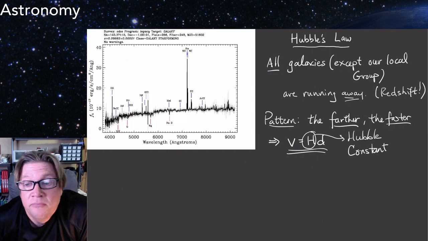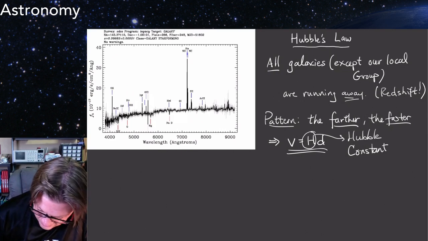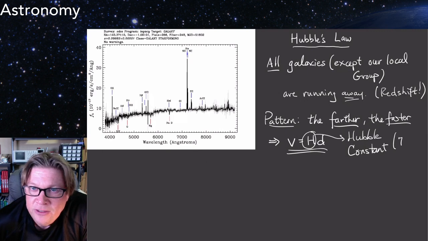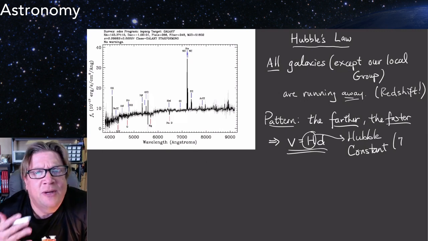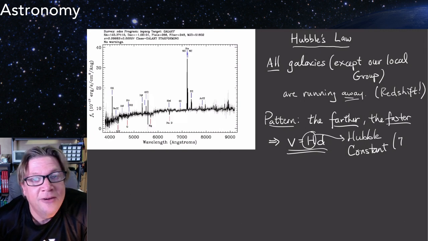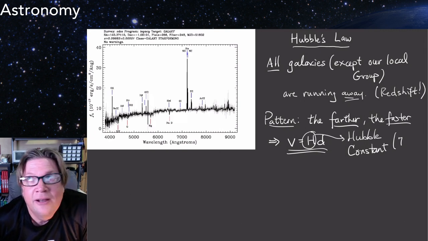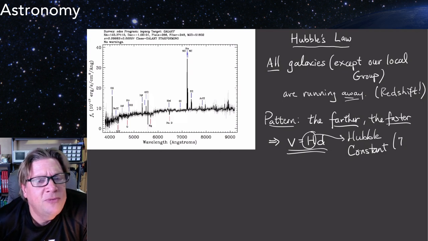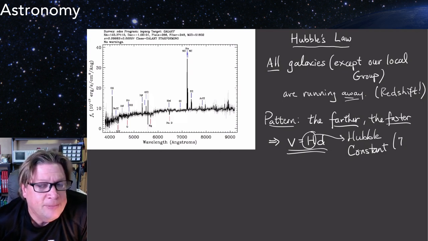It's just a number. This has taken a long time to get. A lot of times in science, we just write these things down like they were easy to discover. This was not easy to discover. The Hubble constant was narrowed down over many, many years. When I was in school, the number was supposed to be somewhere between 50 and 100. That's a wide range, a factor of 2.